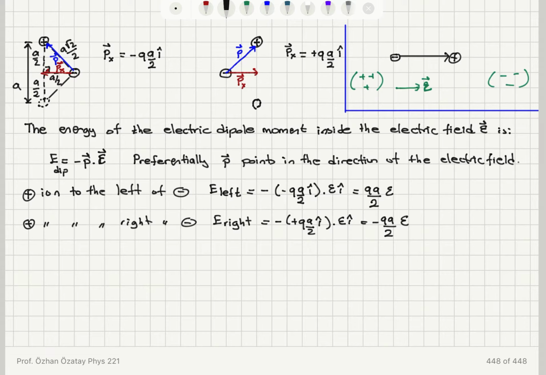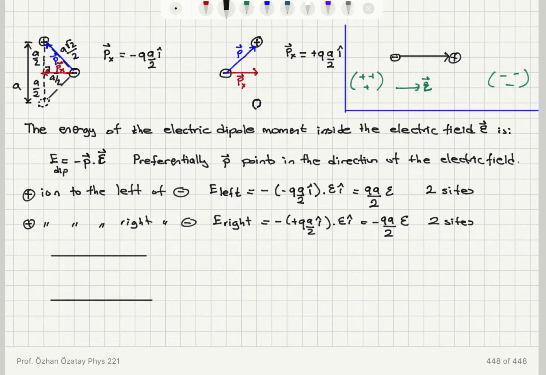And these two are actually degenerate energy levels, because I have two possible configurations that correspond to these energies. Two sites to the left and to the right will satisfy this energy.